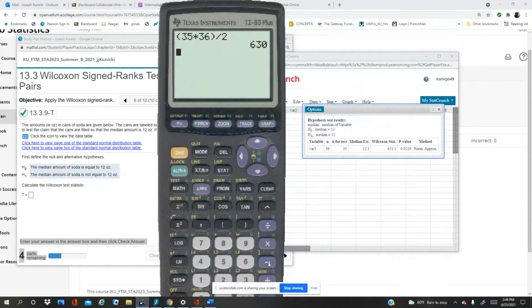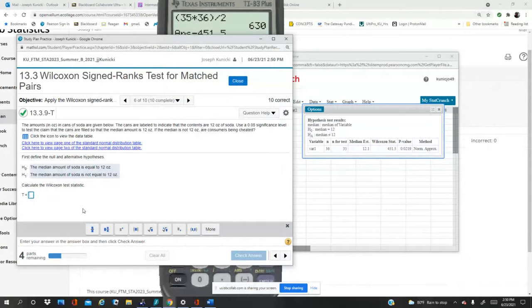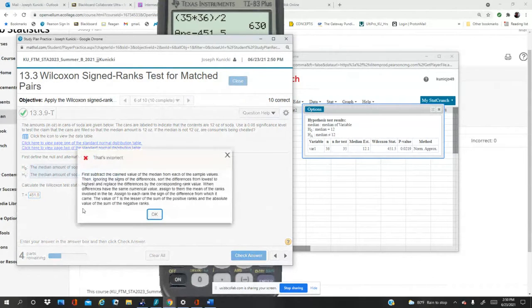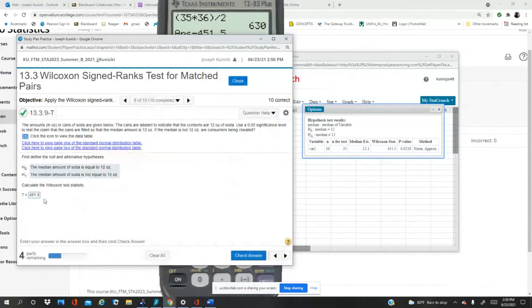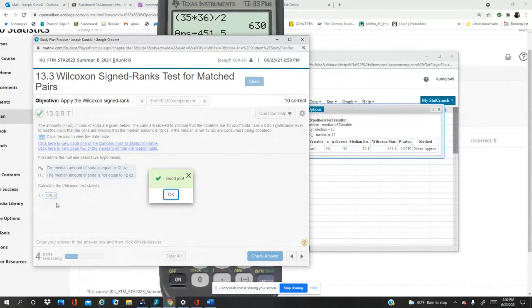If the sum is 630, and I subtract 451.5, that's the T, 178.5. If I put in what they tell me, 451.5, it's going to say it's wrong. So what I have to do is enter 178.5, because it's always the smaller of the two sums. Okay, that's one of the problems with StatCrunch.